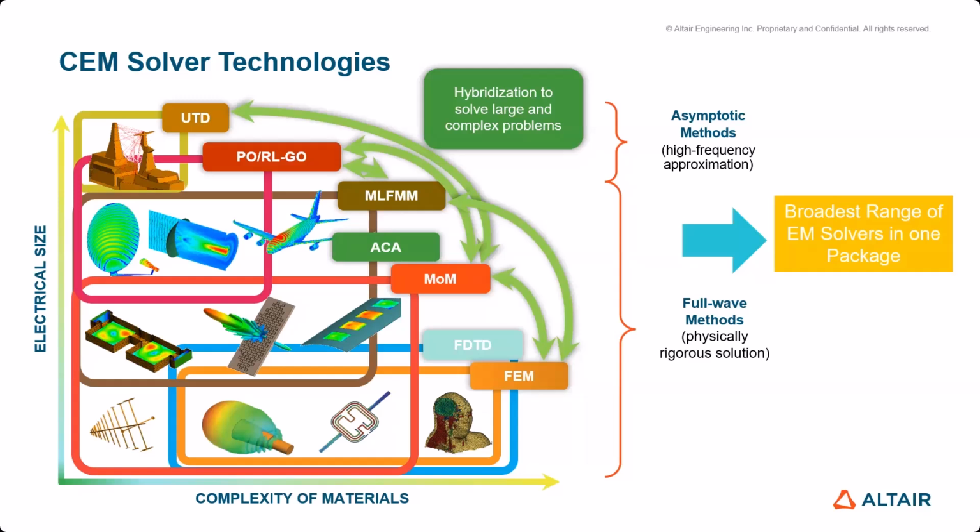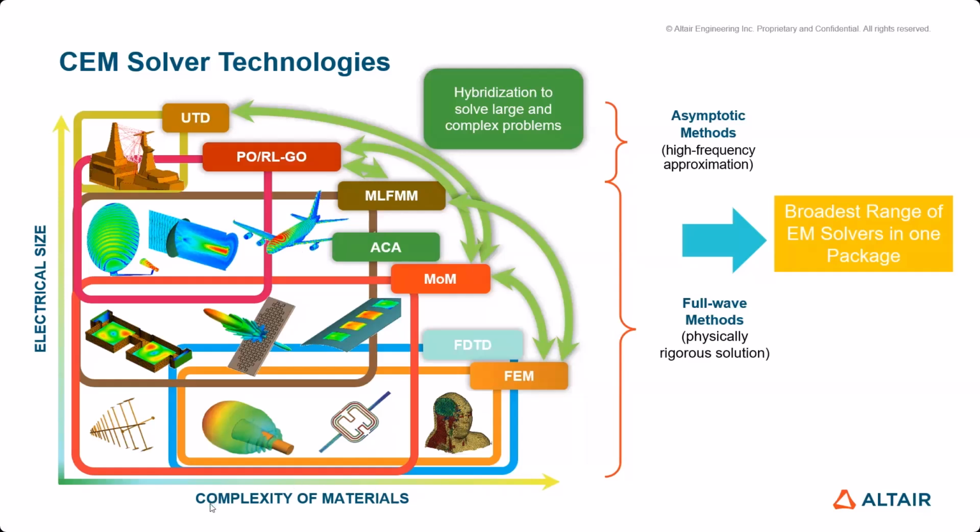For some applications, the electrical size of the model is the main consideration for the solver type. So let's say you have very simple structures, like antennas that you're trying to design, that consist of only metallic elements, you can go with solvers like method of moments or MLFMM. But let's say now that you increase the complexity of the material.